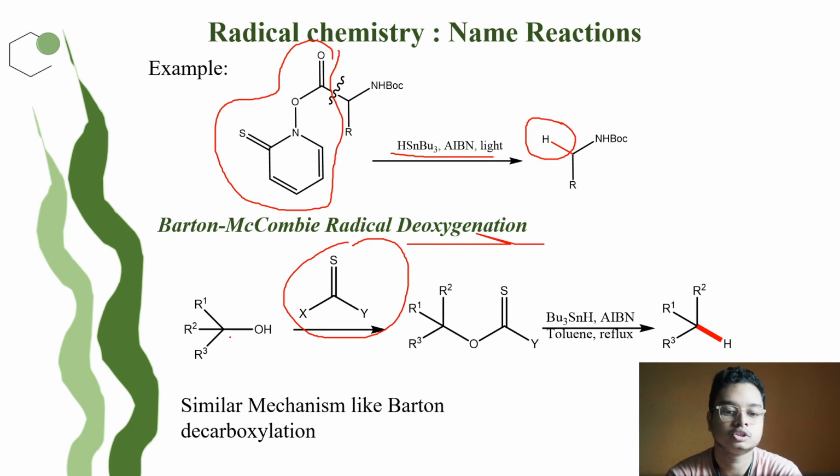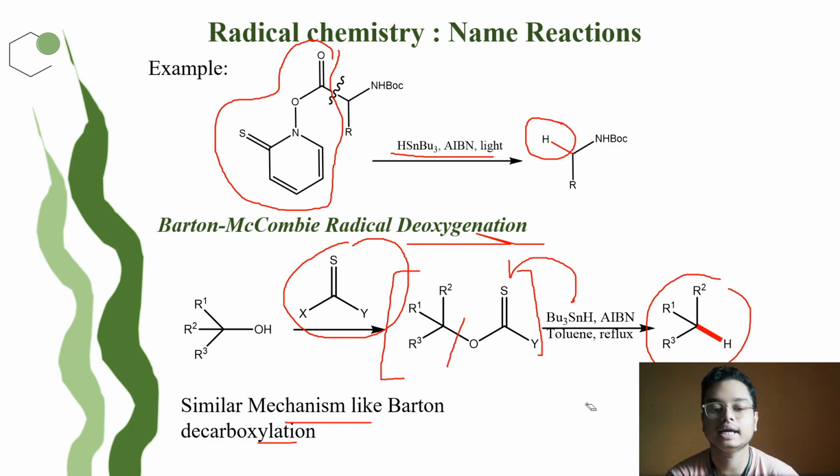So this alcohol will react with this compound to generate this type of starting material, and this starting material will undergo a tin hydride mediated reaction to generate our corresponding alkane. And the mechanism is similar to the Barton decarboxylation.